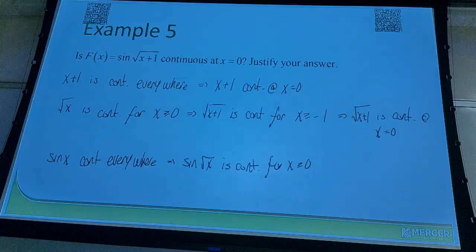That means sine of root x would be continuous whenever root x is continuous. Right, then that previous argument, root x plus 1 is continuous for x greater than or equal to -1, and we have our answer.